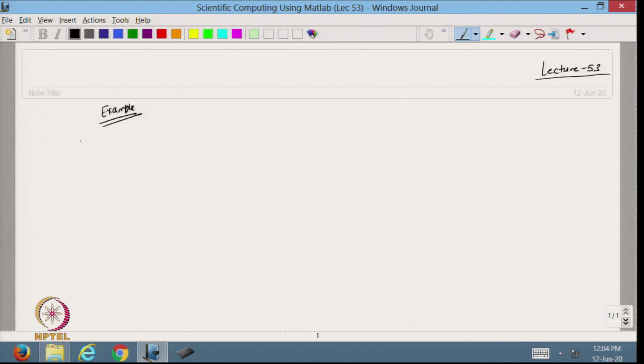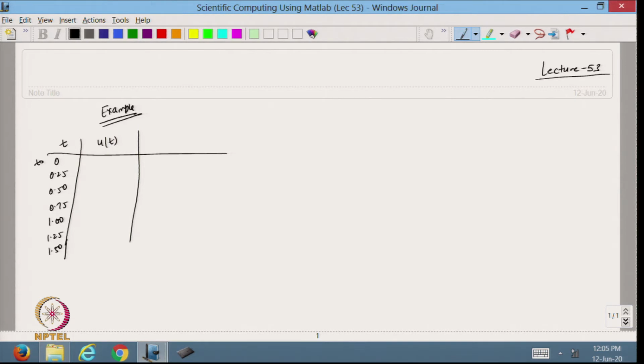Now suppose I have the data. Suppose I have some values of t and the value of u at t. So these values are given to me. Let them be 0, 0.25, 0.50, 1.25 and 1.50.